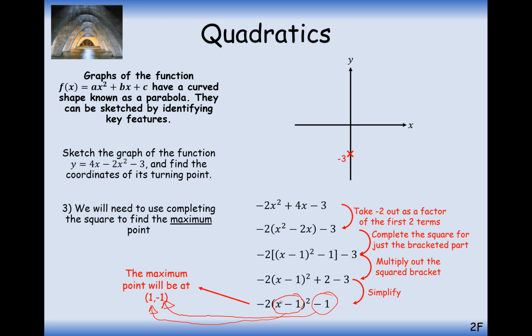So that means x equals 1 to make the bracket equal to 0, so that the maximum point is equal to -1. So it's effectively the opposite of whatever you have inside the bracket. So we have a maximum point at (1, -1), so our graph roughly looks like that.